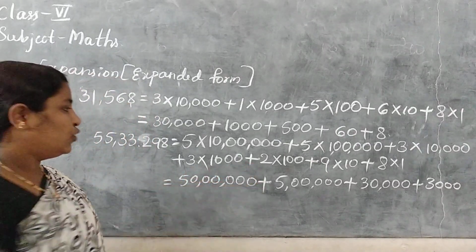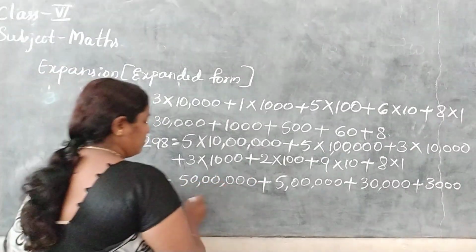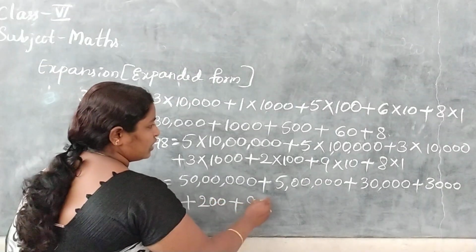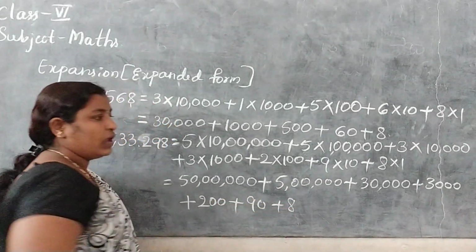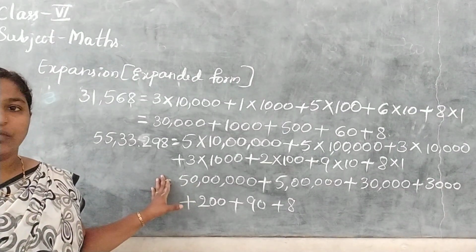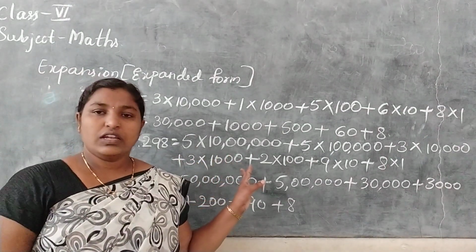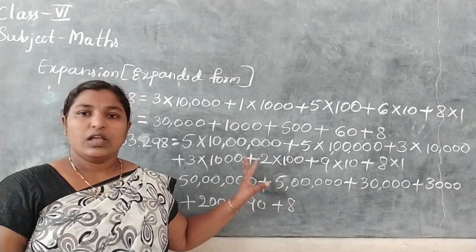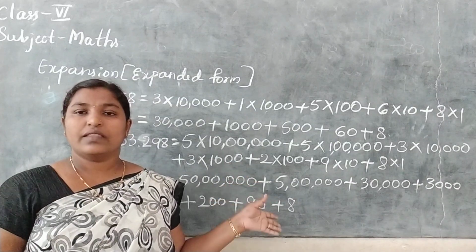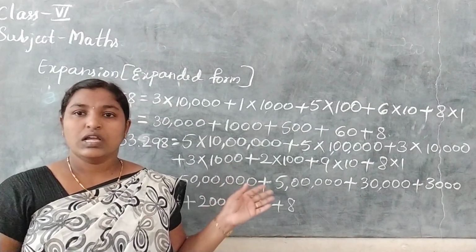Next 2 into 100, 200, plus 9 into 10, 90, plus 8 into 1, 8. So this is the expanded form. Now we have understood the concept of expansion, how to expand the given large numbers.